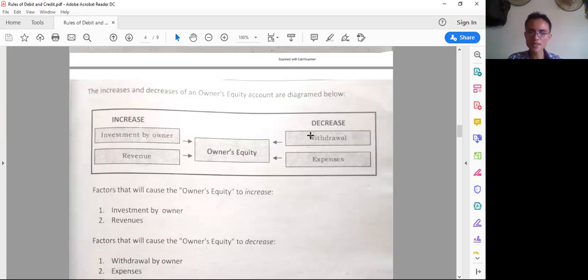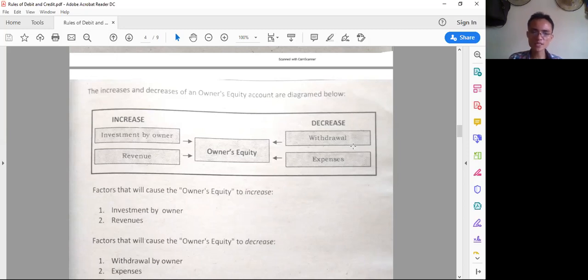On the other hand, if the owner would withdraw or get back a portion of his particular investment, not necessarily cash, since a lot of people, and even me when I was very young, just starting on the study of accountancy, when I heard the word withdrawal, I thought of cash. When I get money from the bank or withdraw money from the bank, that is also correct, but it's not all the time.